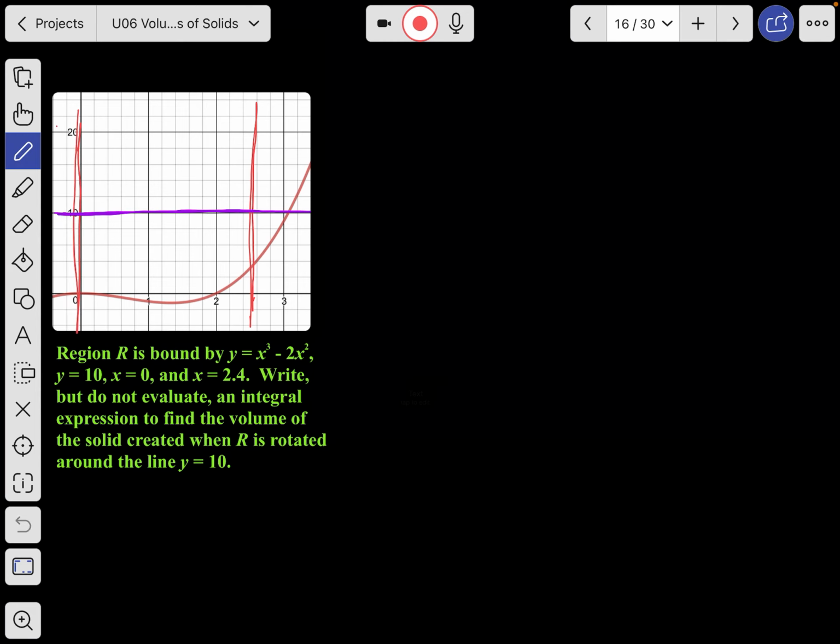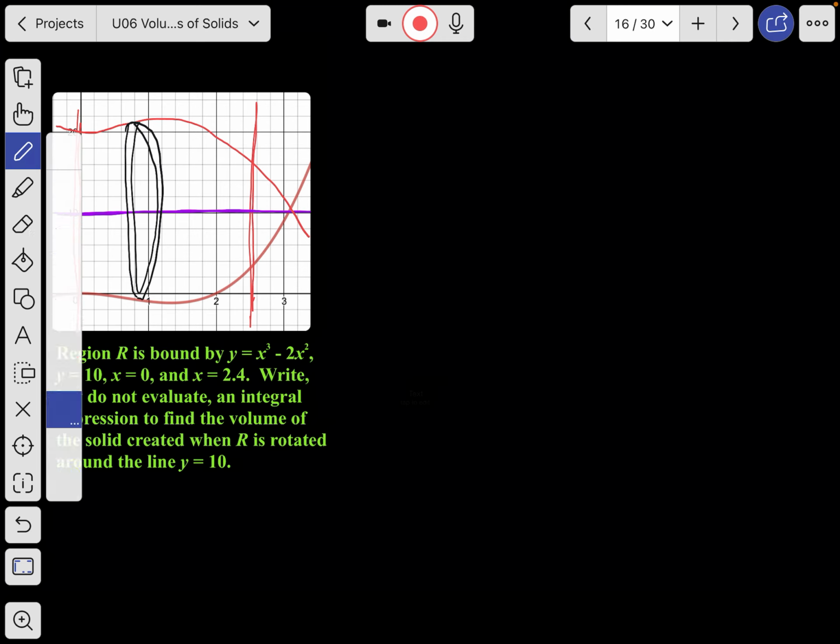I'm going to see if I can sketch out what this is going to look like. It's going to look something like this, and it comes up, and then roughly like that. So here is going to be my representative disk. We can see that my radius is going to be created by the top function minus the bottom function. My top function is the cubic function.